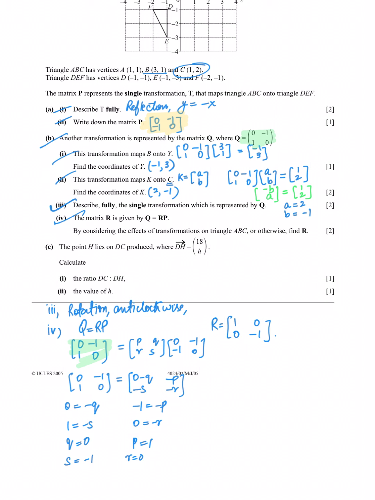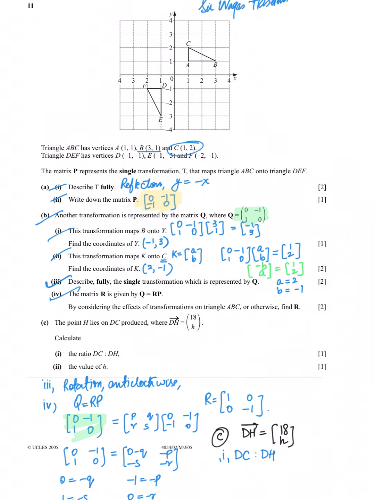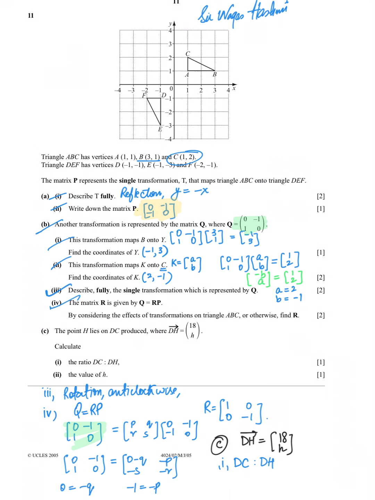Moving on to the fifth part, part C. The point H lies on DC produced. DH is equal to 18, and we need to find the ratio of DC to DH. For this part let me have a look at your figure. It says that point H lies on the line DC.